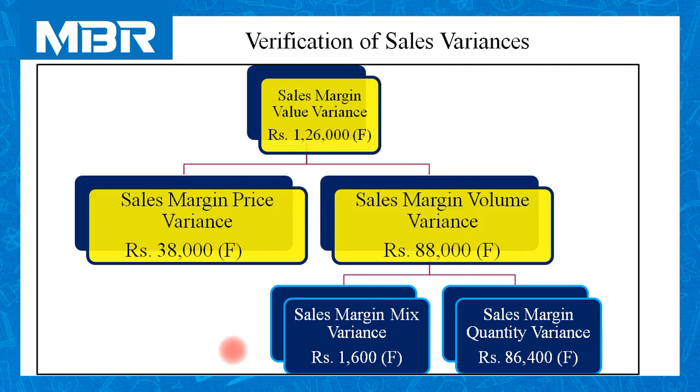Again, there are parts of sales margin volume variance in the form of mix and quantity. You can check all this information is settled with each other. It means our answer is mathematically perfect as all variances are matching with each other.